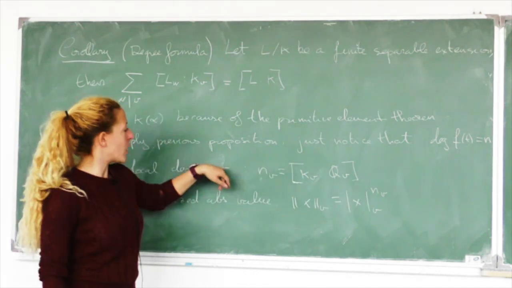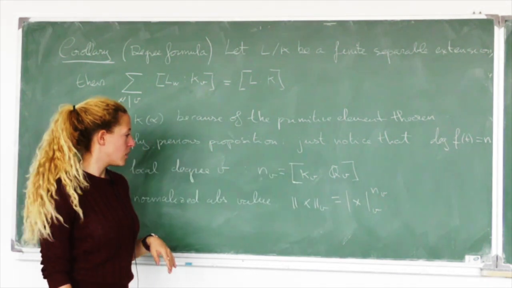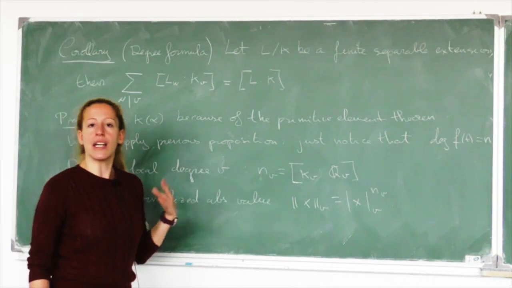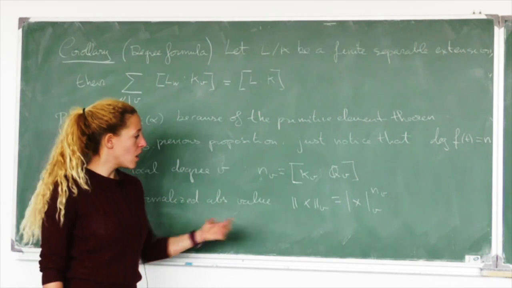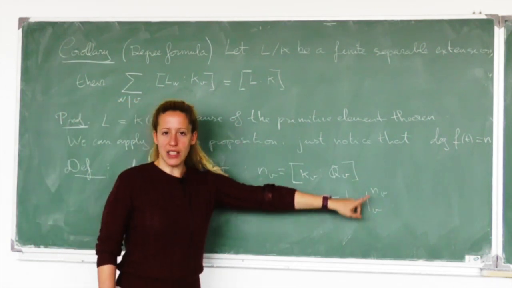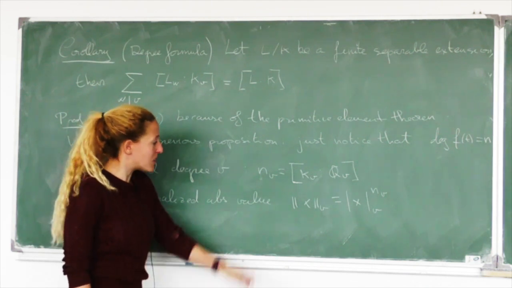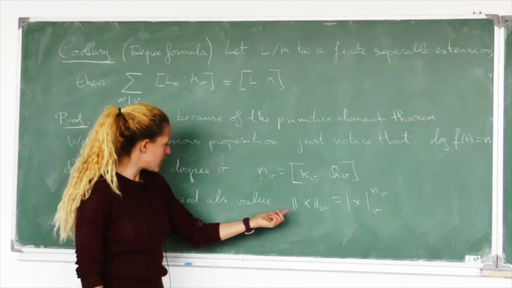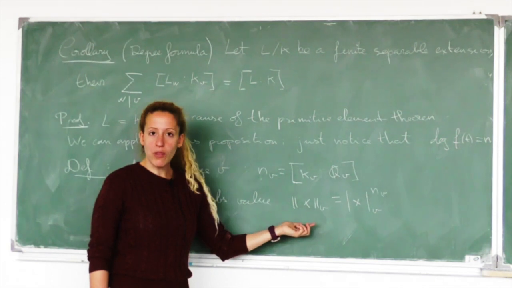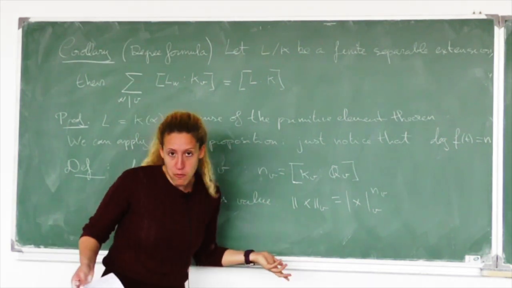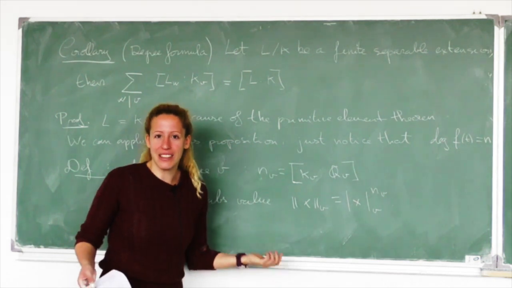I take the local degree corresponding to the valuation. You're going to see immediately, because I'm going to state the second main result that I wanted to prove today, why it's good to add this exponent. But the thing that I want to say is that actually this is another absolute value, but they are equivalent. So it's not really another one, it's the same one. It is just that I normalize it, right?